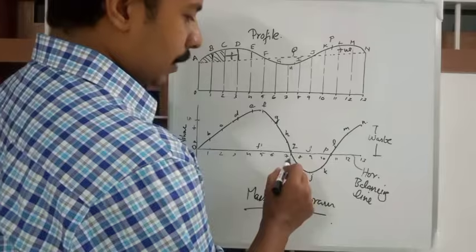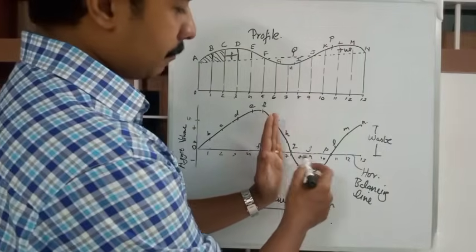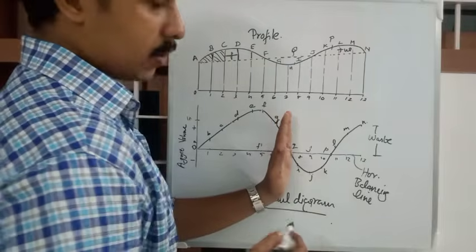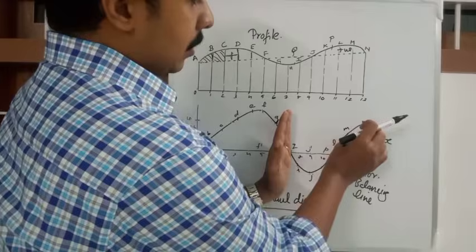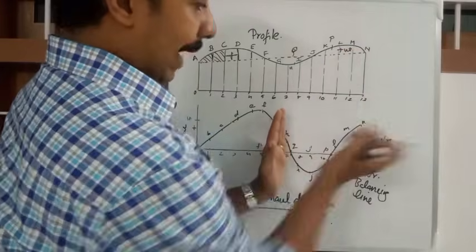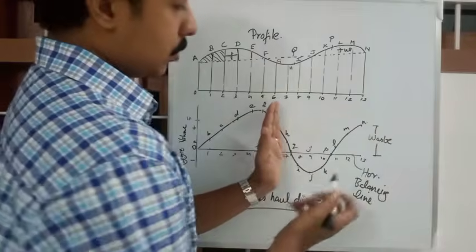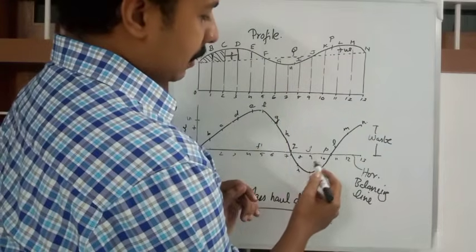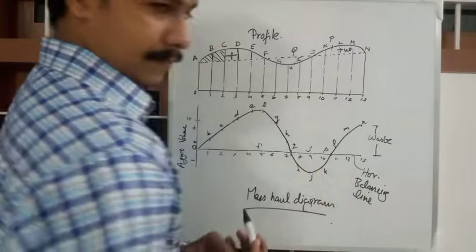When we reach Q, there is no earth left in the truck to fill the following point. So what will we be doing? We'll be pulling this portion of land backwards. So hauling will be backward hauling, then backward hauling will be from Q to P.